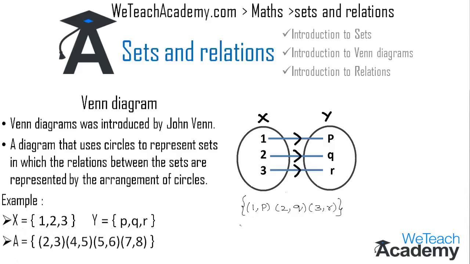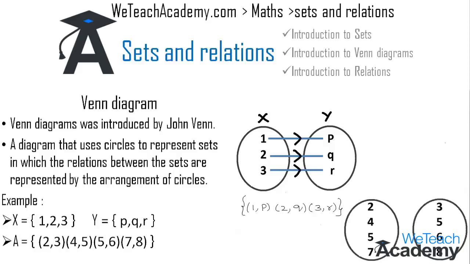In the next example we have a set of ordered pairs where A is equal to {(2, 3), (4, 5), (5, 6) and (7, 8)}. Now let us represent this example in the form of a Venn diagram. Let us write the first element of each ordered pair in one Venn diagram and the second element of each ordered pair in the second diagram.